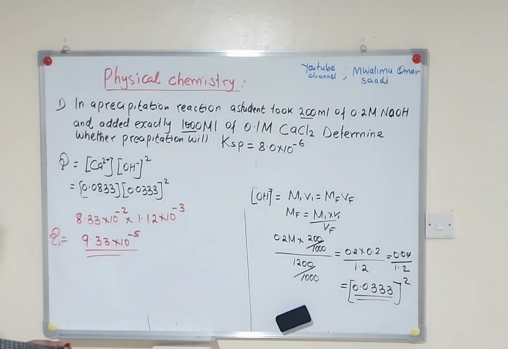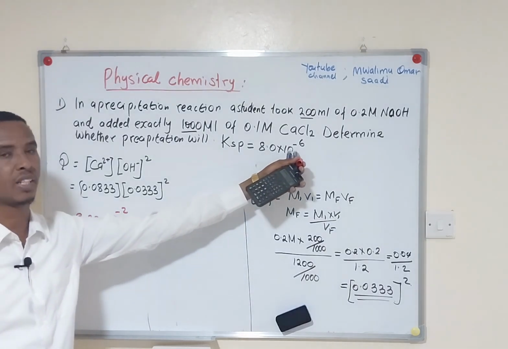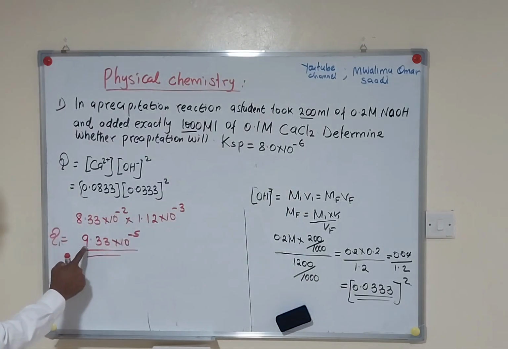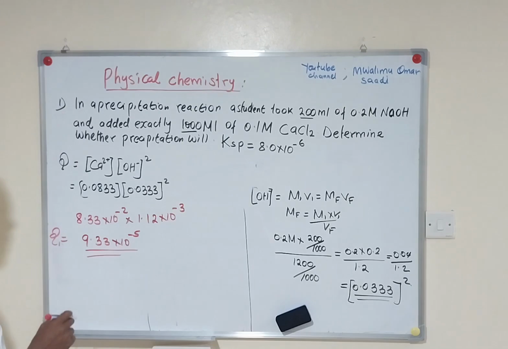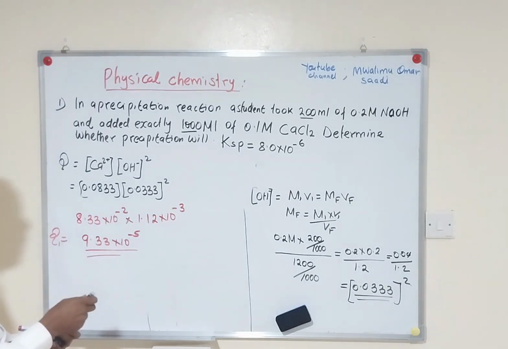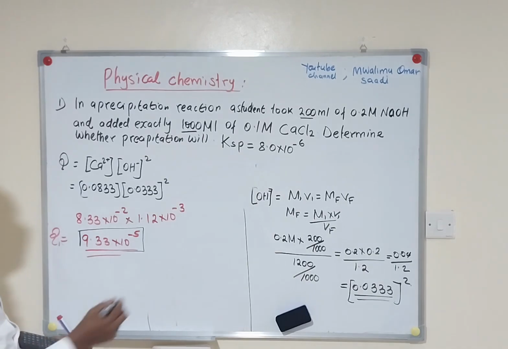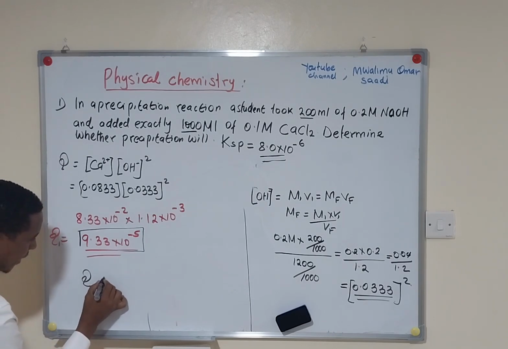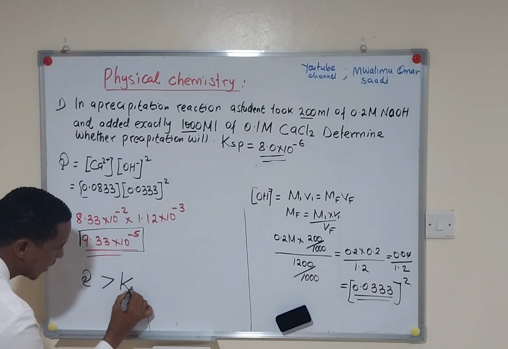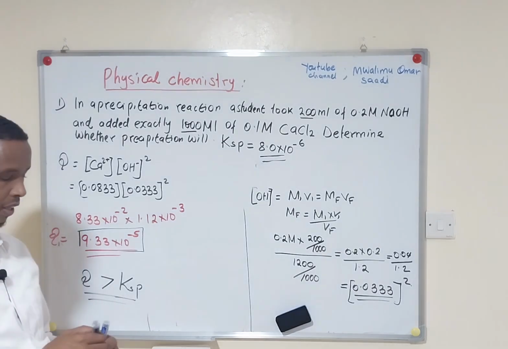Our solubility product is 8.0 times 10 power negative 6, and our reaction quotient is 9.33 times 10 power negative 5, which means our reaction quotient is greater than the KSP. So Q is greater than KSP, and that tells us that there is precipitation that occurs.